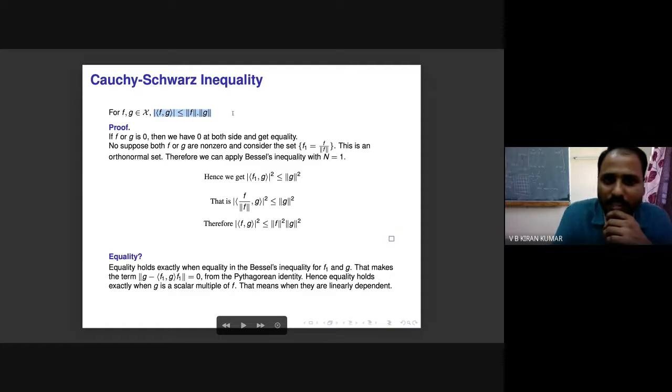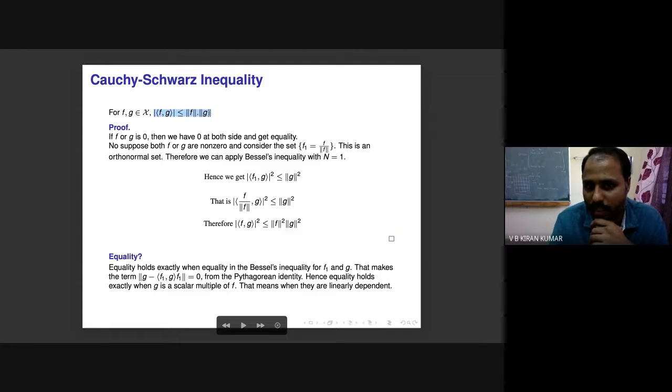Now convergence is with respect to this norm: f_n converges to f means norm f_n minus f converges to 0, and g_n converges to g means norm g_n minus g converges to 0. So when f_n converges to f and g_n converges to g, inner product f_n g_n minus inner product fg will converge to 0. That follows from this inequality.